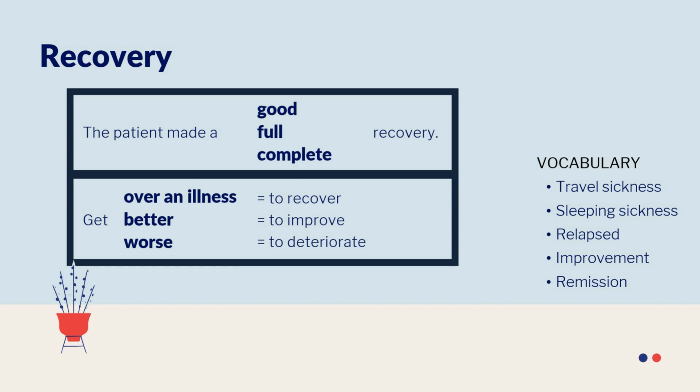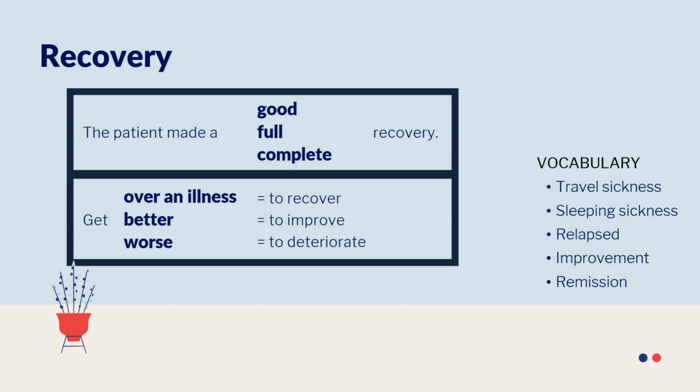On the other hand, in speech, we often use the verb get to talk about change, like get over an illness, it means to recover, or get better, which means to improve, and get worse, which means to deteriorate. For example, he got over the illness very quickly.